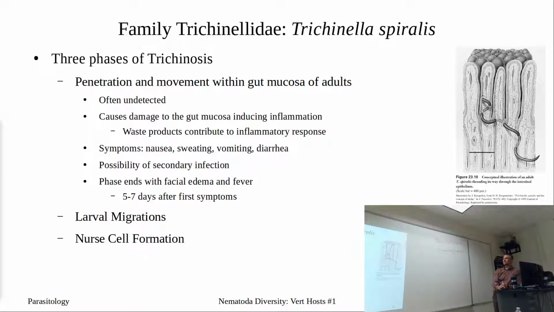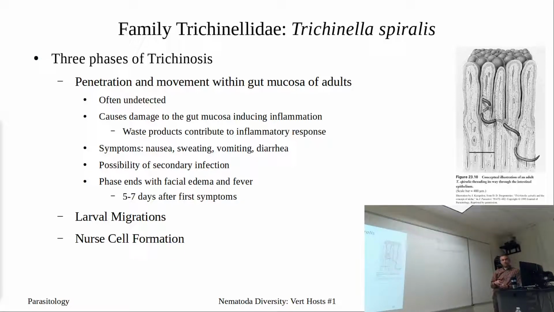Here's our diagram. When I said it's moving through the gut mucosa, that's what's happening. Here's our luminal surface up here. Our worm's burrowing through the cells in the cytoplasm. So we've got essentially 3 phases of our infection, or at least 3 phases when we might see pathology.